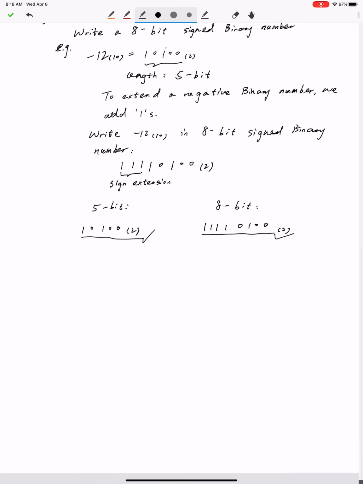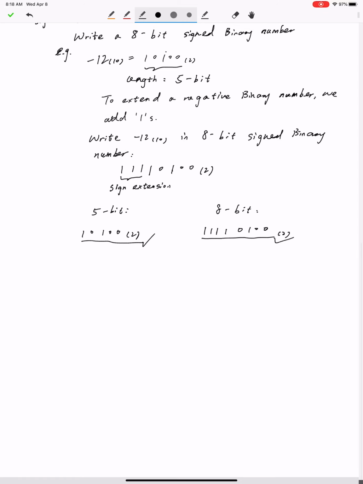To figure this out, we need to convert this binary number back to the decimal number. How to do that? The method is the same that we used before. We count positions of digits from right to left, starting from 0.